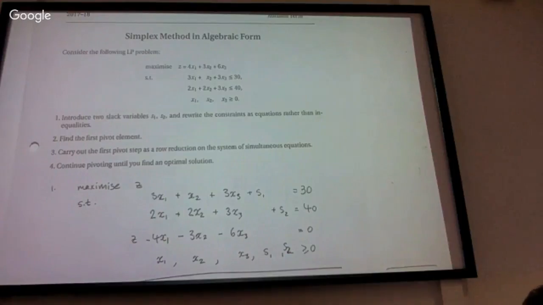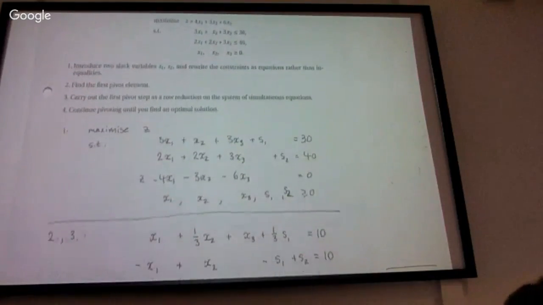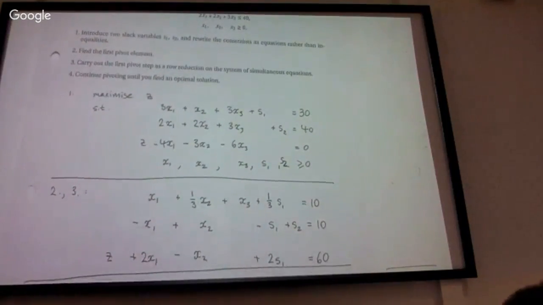And with the top equation, I put the Z on one side and all the decision variables on the same side as well, and then I've got 0 on the right-hand side. You don't need to copy it because I'll put it in Moodle. If you haven't done it, there's no point copying it now, but you were supposed to have done it at home.